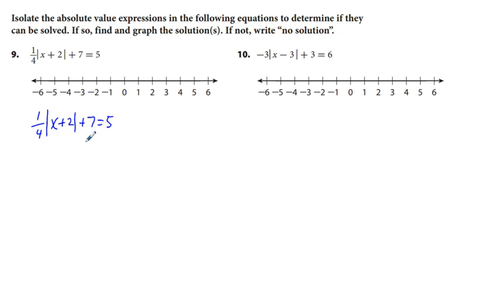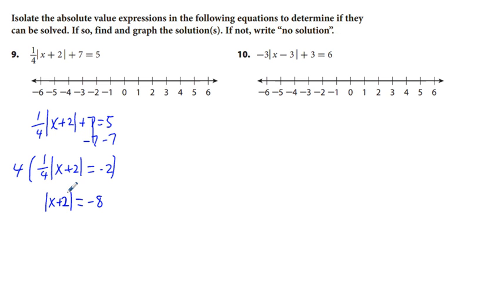If we subtract 7, we get 1/4 absolute value of quantity x plus 2 is equal to negative 2. And if we multiply both sides of this equation by 4, we get on the left side quantity x plus 2, and on the right side we get negative 8. Now we've isolated the absolute value expression.